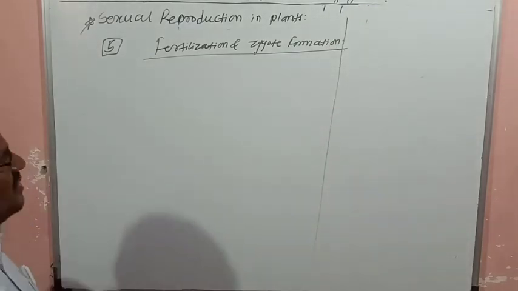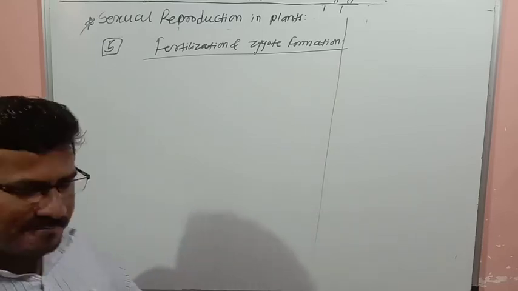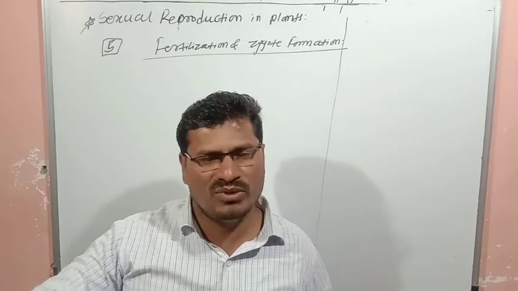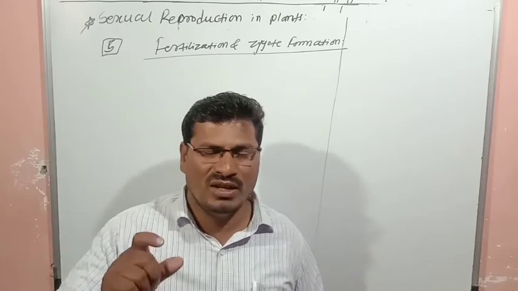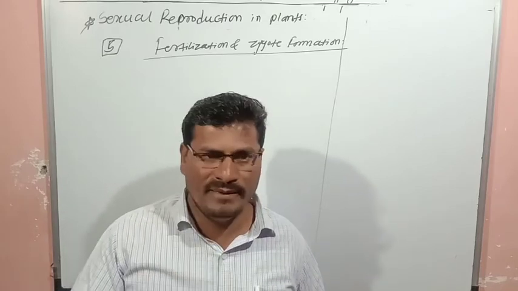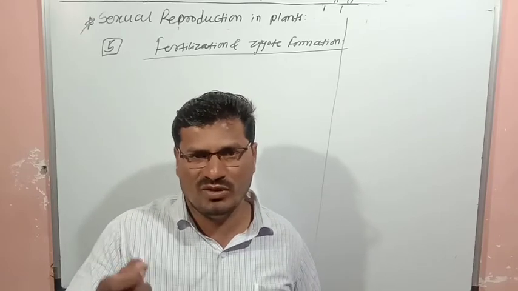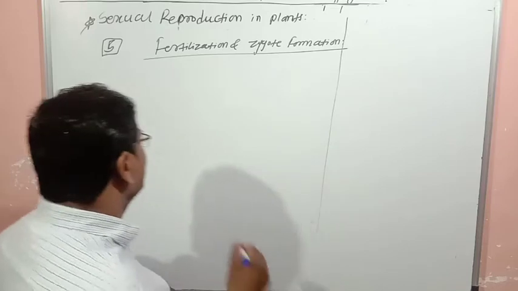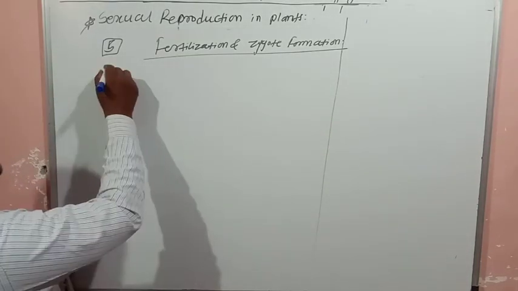In fertilization and zygote formation, when pollen grains are transferred from the anther to the stigma, at that time the pollen grain germinates there and develops a pollen tube.